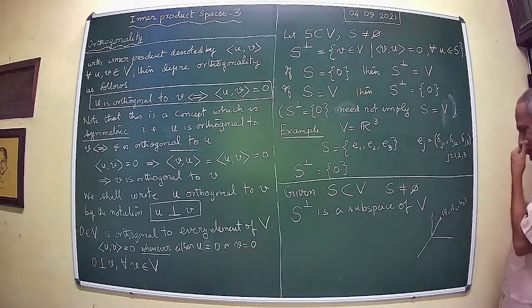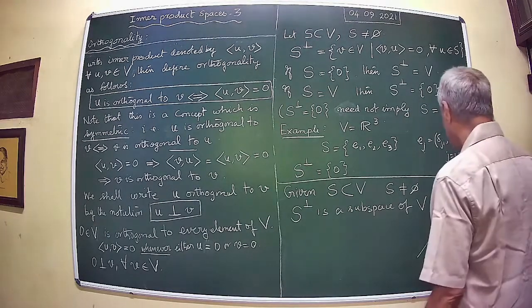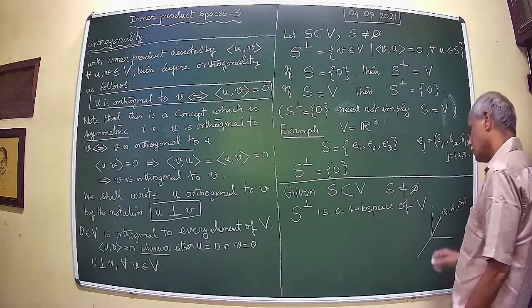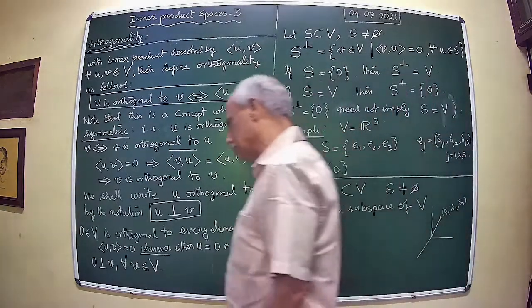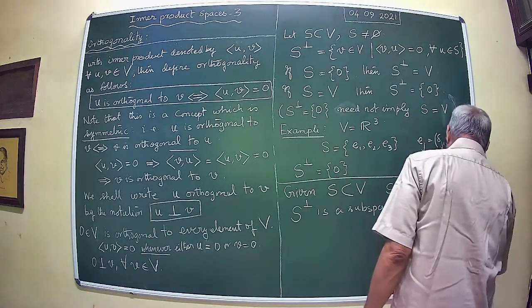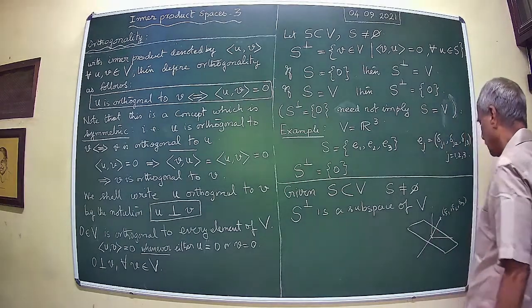Now what are the vectors which are orthogonal to this? That is all eta such that eta dot psi equal to 0, which essentially means a plane passing through the origin.